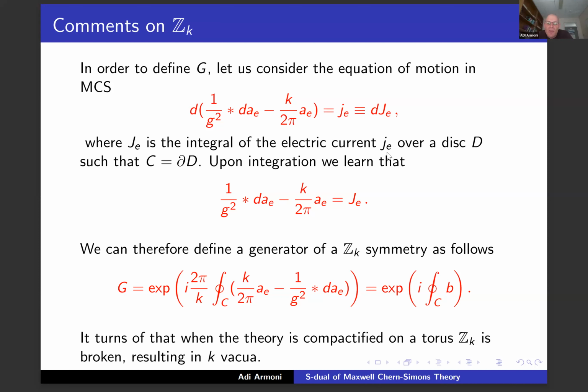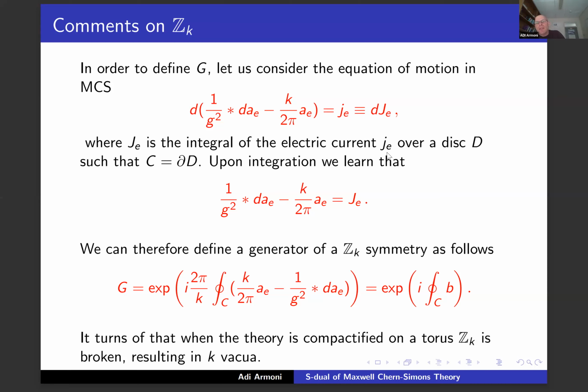And somewhat surprisingly, or maybe not, this object that I propose, the generator of the ZK in this theory, turns out to be, in the magnetic theory, just the exponent of the integral over the contour C of B.